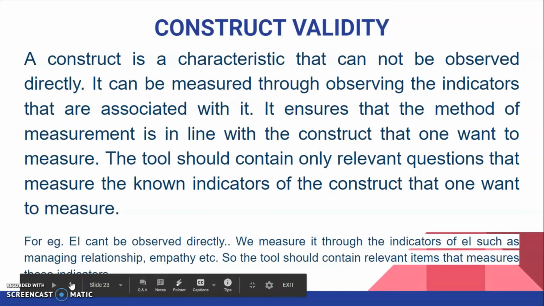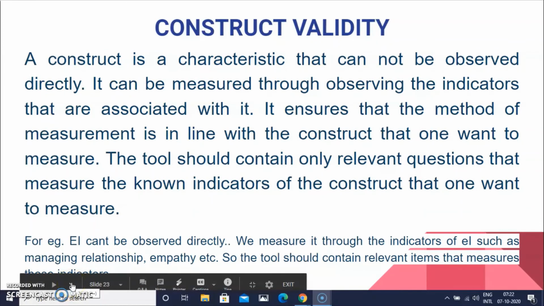That means if you are preparing a tool for emotional intelligence and we have taken the indicator empathy, then in that part all the items should measure empathy. So it ensures that the method of measurement is in line with the construct that one wants to measure.